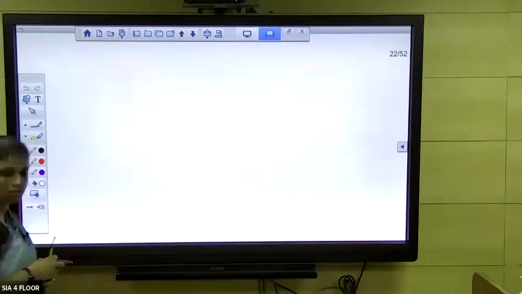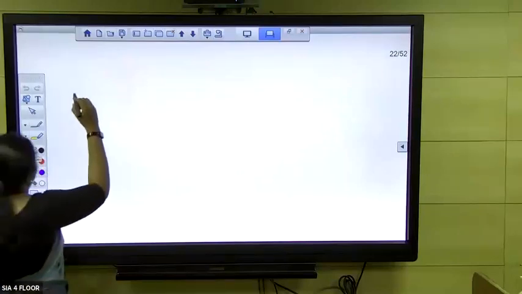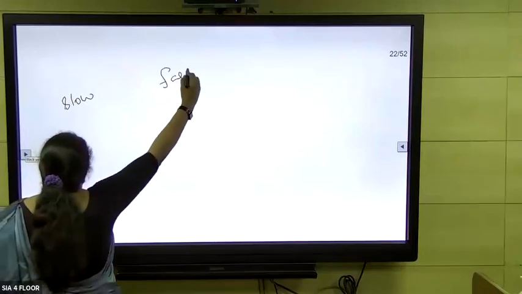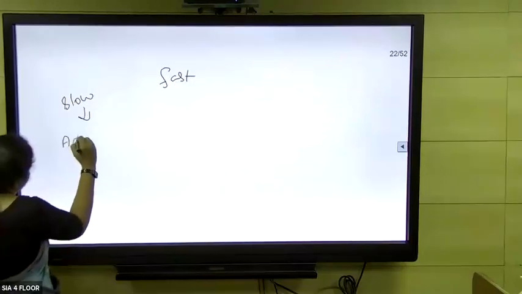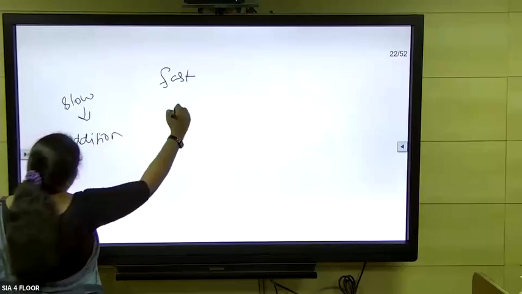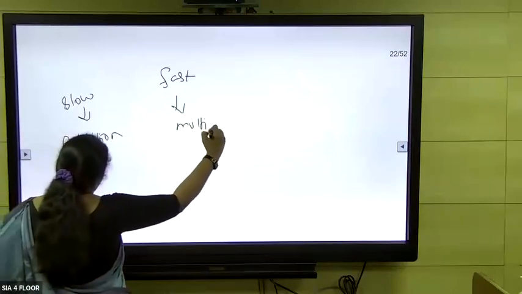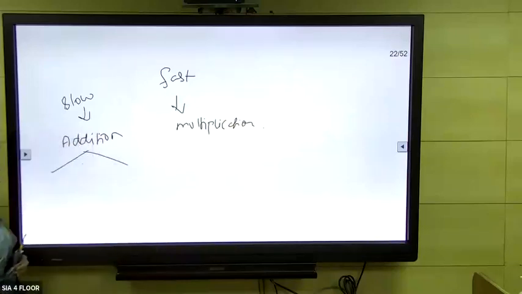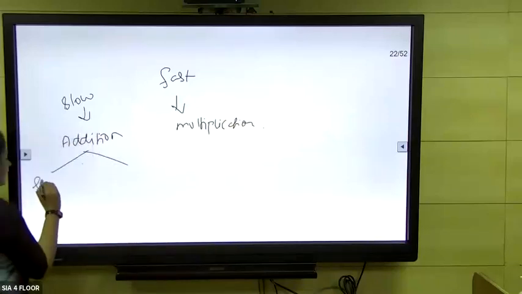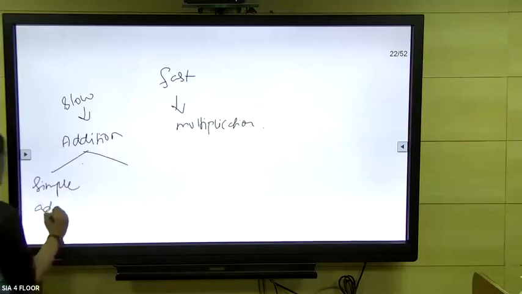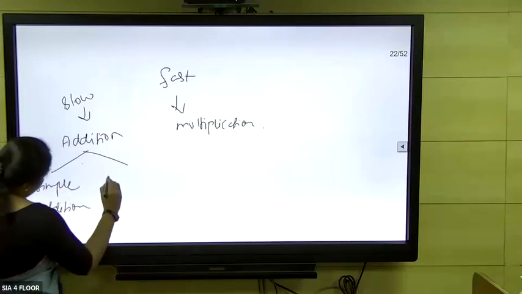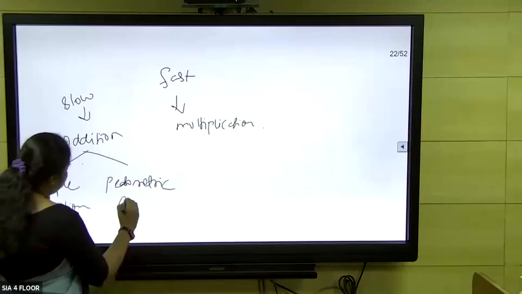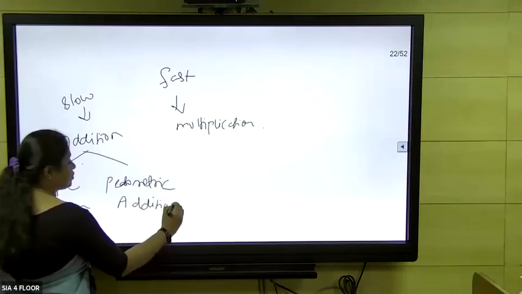Okay, fine. So it's a slow increase or a fast increase. If it is a slow increase, then go for addition. If it is a fast increase, then it's a multiplication. Addition is again of two types: one is simple addition, the next one is pedometric addition.